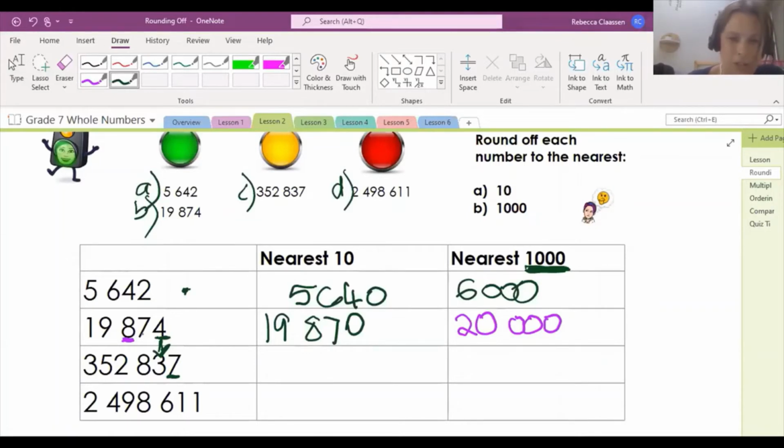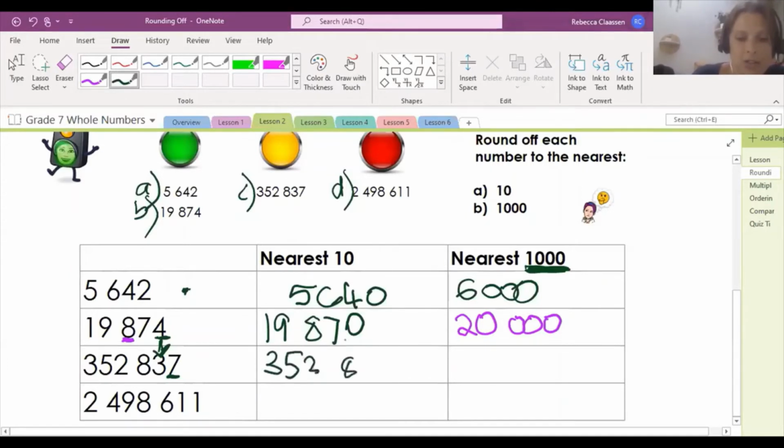What's the tens number going to go up to? It's going to go from 30 to 40. Okay, so we're going to end up with 352,840.